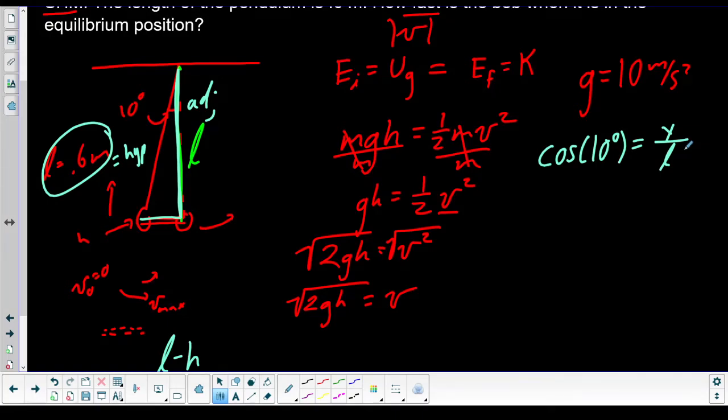Okay. Now, let's grab our calculator. Where did you guys put my calculator? There it is. All right. So we're going to do cosine of 10. Cosine of 10, make sure your calculator's in degrees, is actually 0.9848.